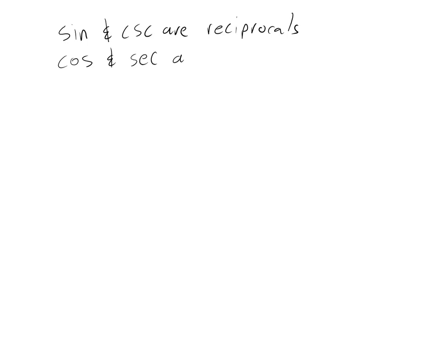Now, remember, sine and cosecant are reciprocals, as well as cosine and secant. That feels different; we want to put the co-word with the other co-word. These come from some very old language.